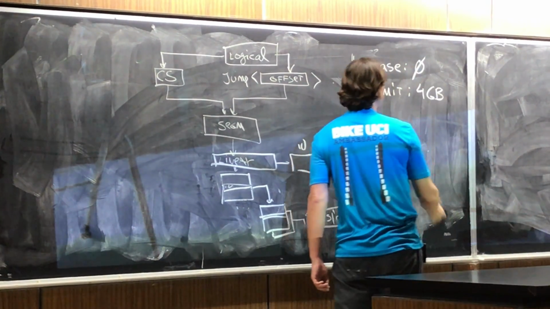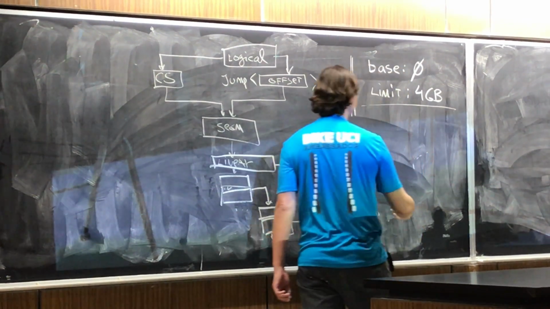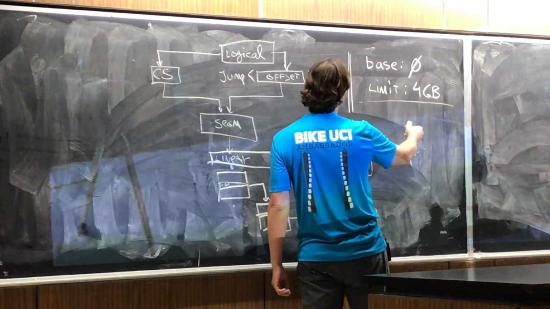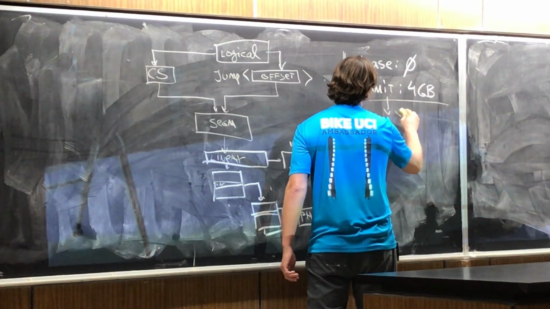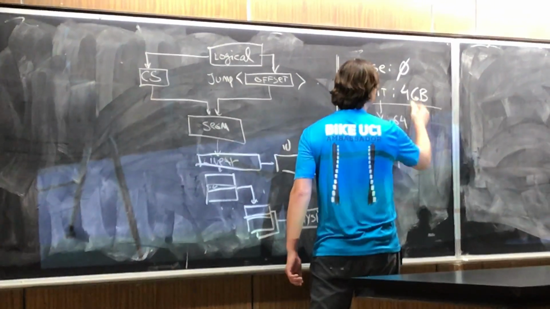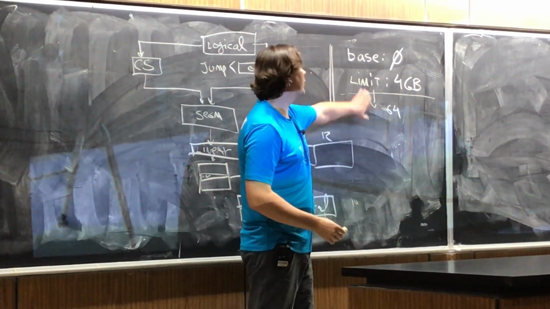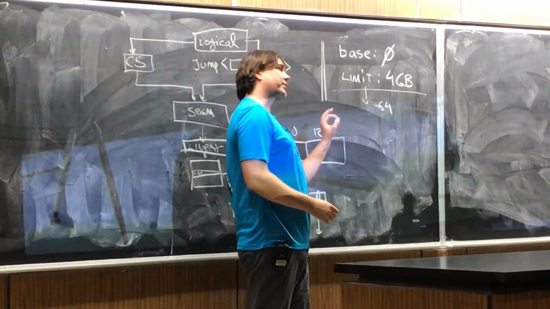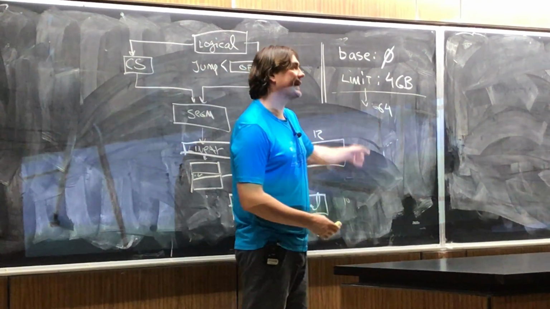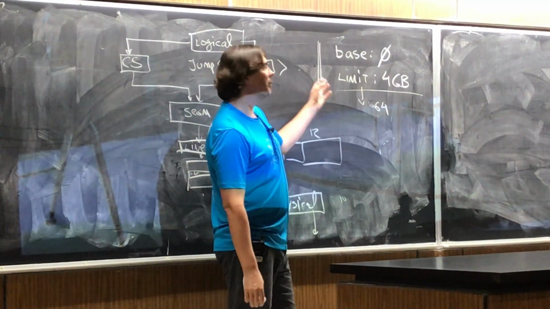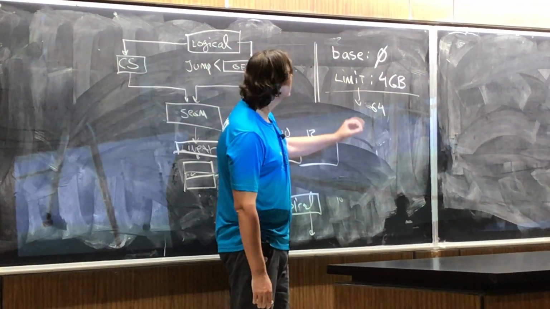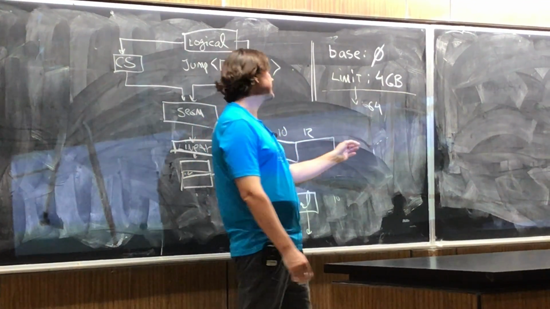Intel went even further and said that on 64-bit machines, you can't even change the base or the limit. They always stay the same, which created a range of complications for people who build operating systems. But again, it's probably not the main point of today's lecture.